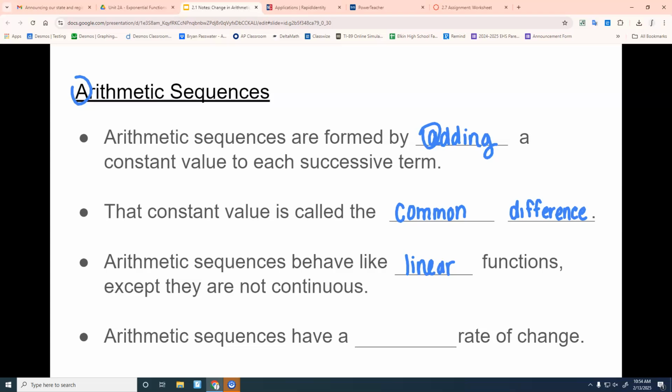And arithmetic sequences have a constant rate of change. So they're going to behave like lines, but they're going to be dots instead of lines.